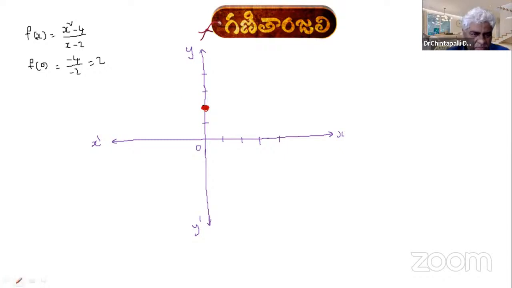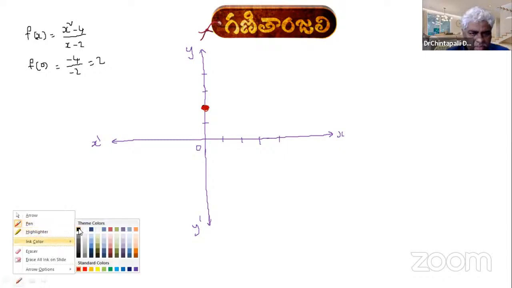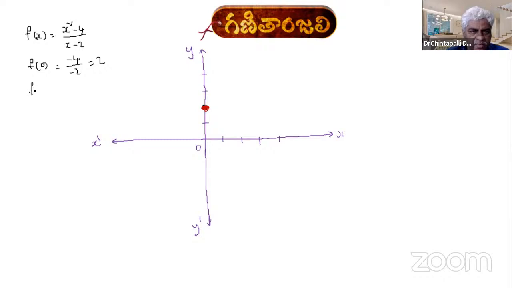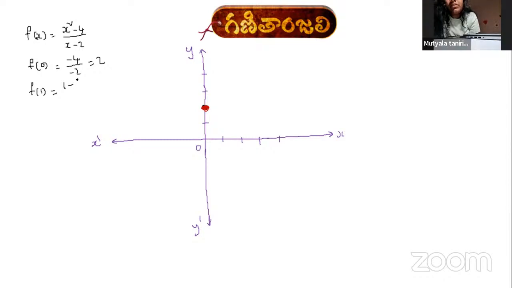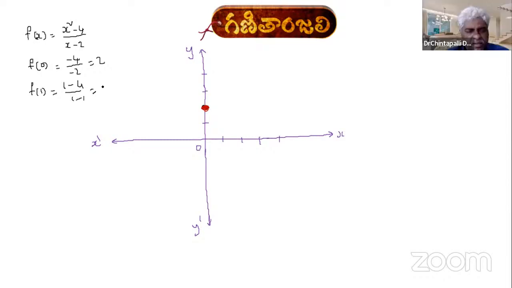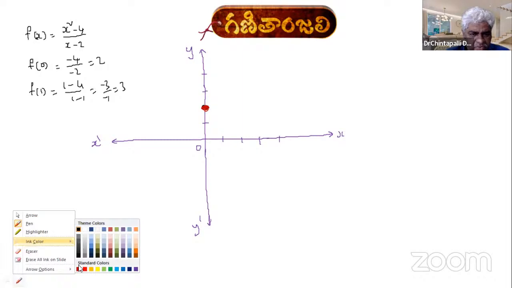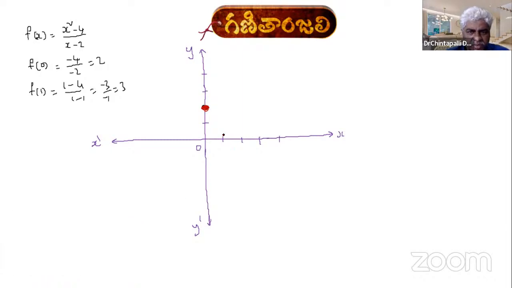Okay. Next. f of 1. -3 over -1. That is equal to 3 only, right? So f of 1 is equal to 3. Yes? Next.